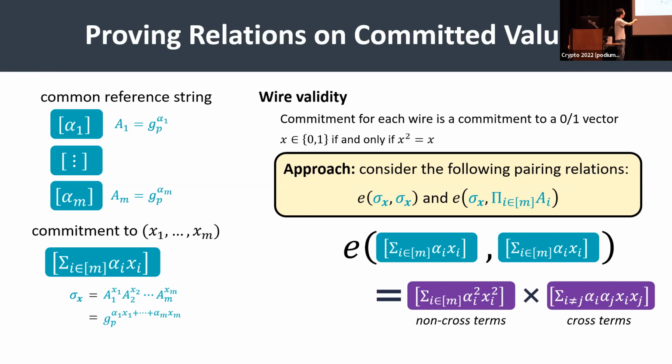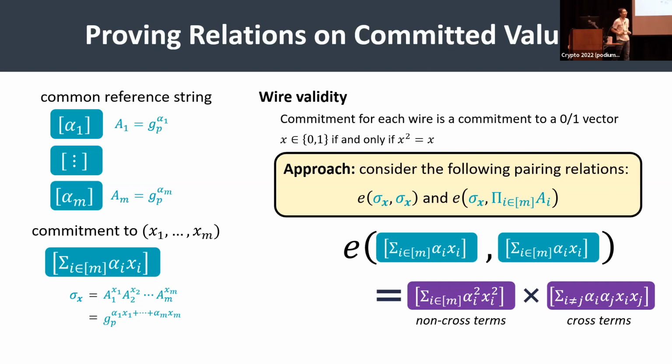These will be the case when I take the index i here and multiply with the component in index i here. So the indices match, and I get something of the form alpha i squared times xi squared. And then I will have a bunch of cross terms, which are the products of an index i on one side and index j on the other for i not equal j. It won't matter what these terms are eventually. What we'll focus on is just the non-cross terms.